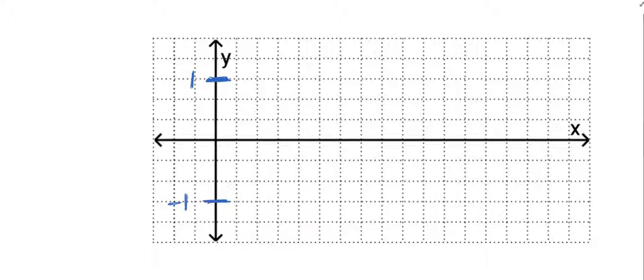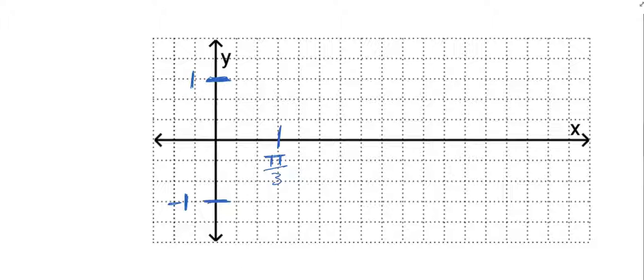Now watch this. We were doing pi by 9s, but really what I want is pi by 3 is 3 squares. So I'm going to go 1, 2, 3 is 1 pi by 3. Right? 3 more squares is 2 pi by 3. 3 more squares is 3 pi by 3, which is?